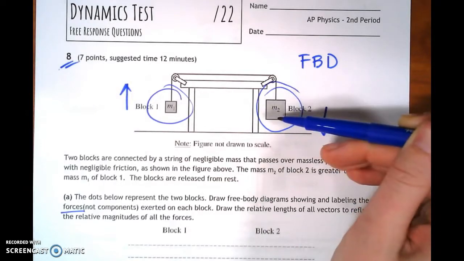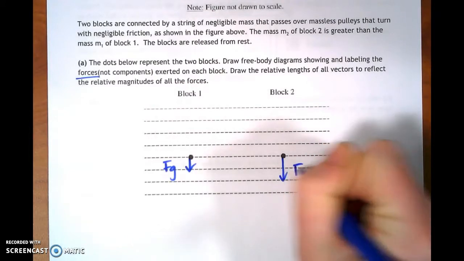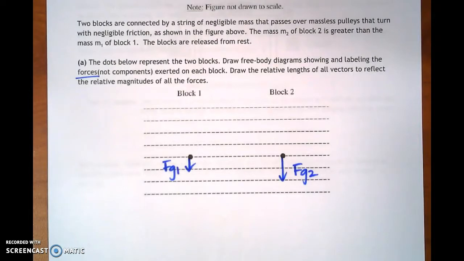This object's bigger, right? More mass, same acceleration due to gravity, so more force. So one of the things that you need to do on this problem is actually draw these vectors vaguely to some sort of scale. You need to at least show that this vector is larger than that vector.